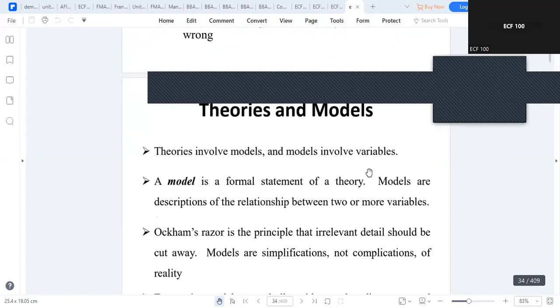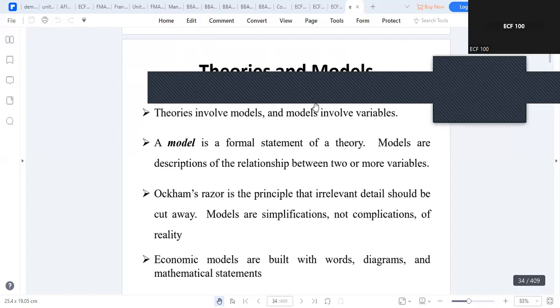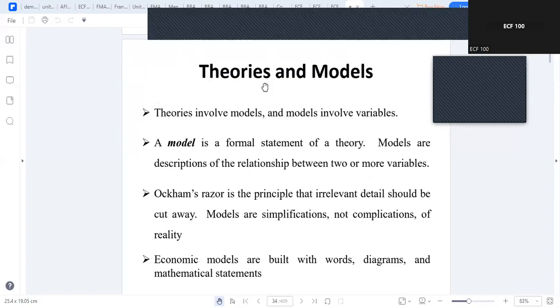So what are theories and what are models? Now, you must understand that most of what you're learning here is very cardinal for your research purposes, even the quantitative methods that you're going to learn. So what is a theory and what is a model? A model is simply a formal statement of a theory.